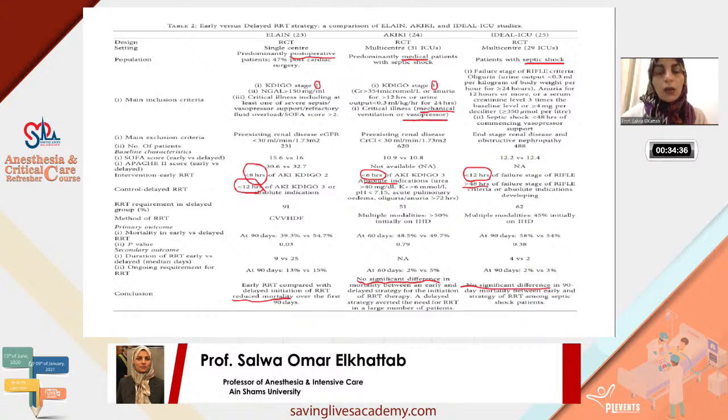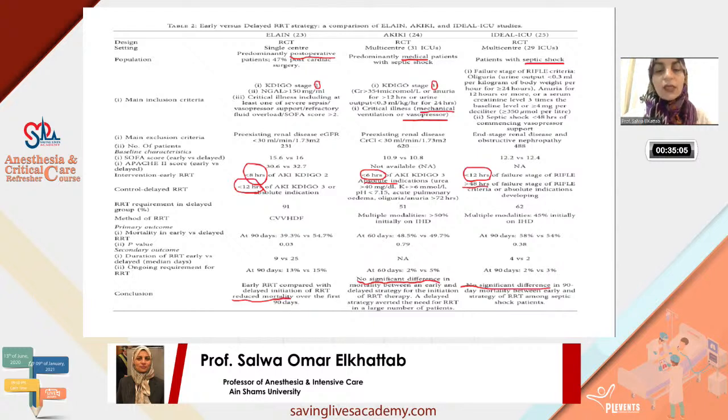They did not use the same identifying criteria. The first study used KDIGO stage 3, while the other one used KDIGO stage 2. They studied RRT with different timing: in the first study, early meant within less than 8 hours of acute kidney injury, and it was considered delayed if they waited till 12 hours.